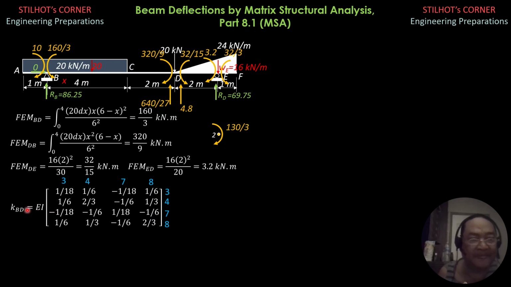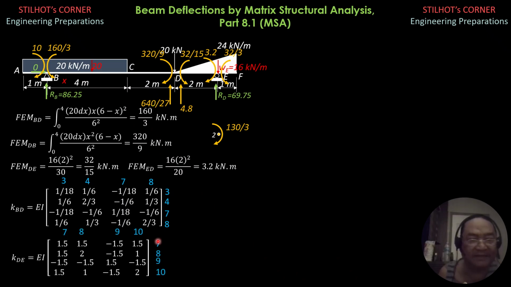So this is the stiffness of BD. The length is 6. You check that. The numbering is 3, 4, then 7, 8. Then this is the stiffness of DE. Length is 2. The numbering is 7, 8, 9, 10, as shown.